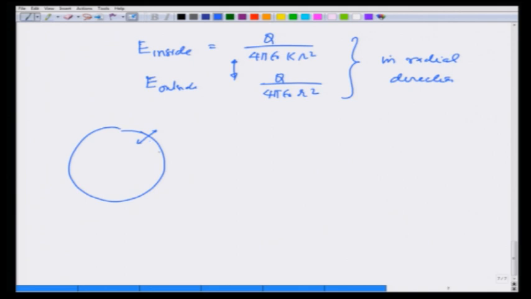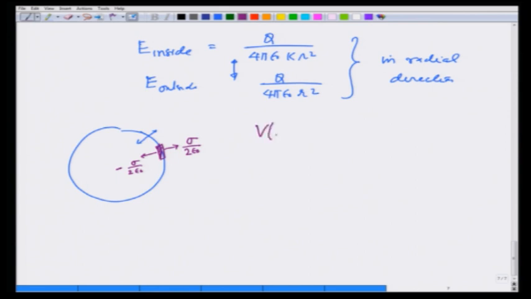Whenever there is a surface charge, suppose there is a surface charge sigma out here, by Gauss's law it gives sigma over 2 epsilon 0 outside and minus sigma over 2 epsilon 0 inside, and therefore the field inside is going to be slightly less, the field outside is going to be slightly more than the field inside, and this is the effect of polarization.